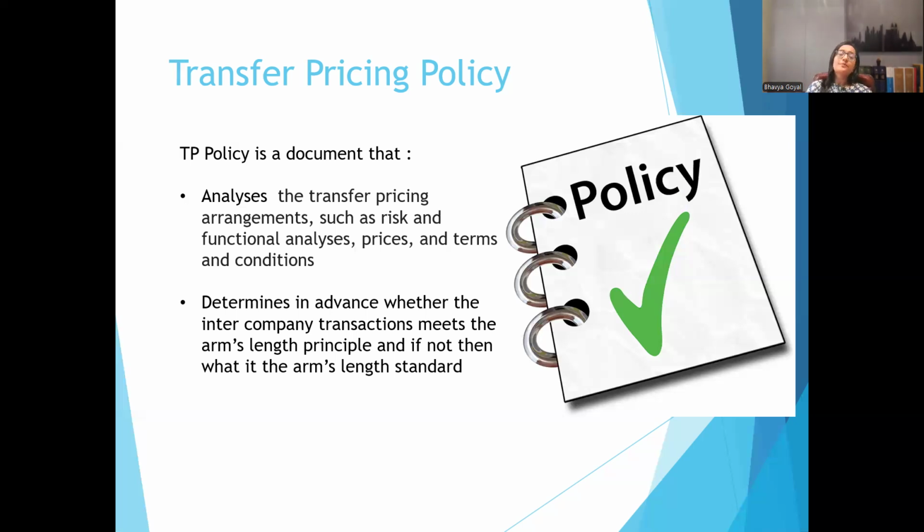Second, suppose there is a jurisdiction such as UAE, which has recently implemented a corporate tax regime or transfer pricing regime. Having a transfer pricing policy in place will help you to assess whether the transactions you are already undertaking with your related enterprises are at arm's length or not, and whether there is any transfer pricing risk in future, which you can mitigate as on date.